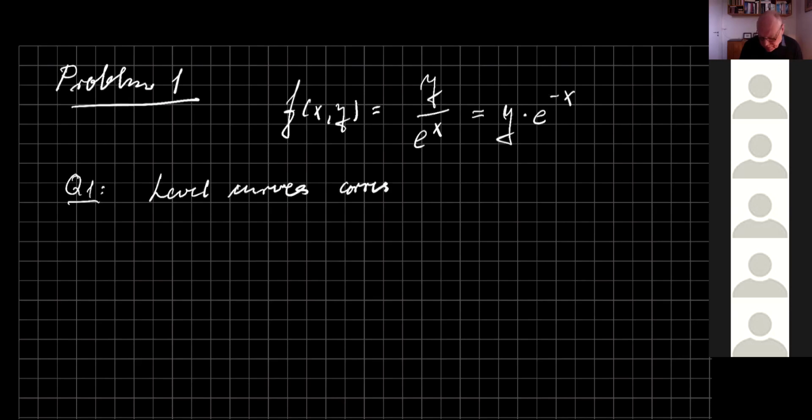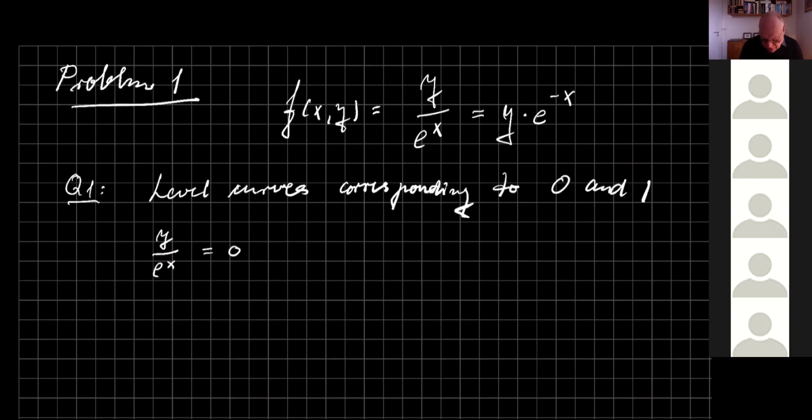corresponding to 0 and 1. So corresponding to 0, you have that y divided by e to the x, this is the functional value, should be equal to 0.